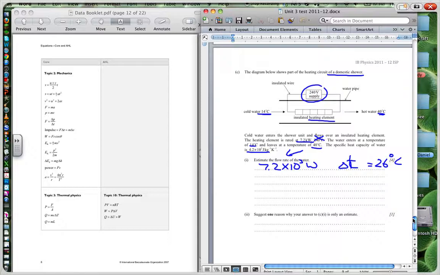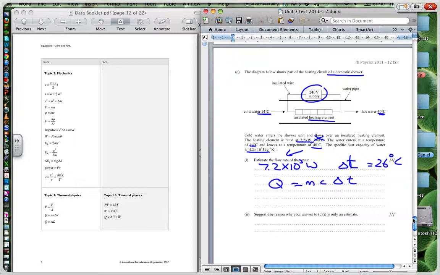We could also use a volume per second, but because the specific heat capacity is given per kilogram, that would be the best one. And we also have our mass, which is in kilograms. So we're going to use this formula over here, Q = mcΔT.